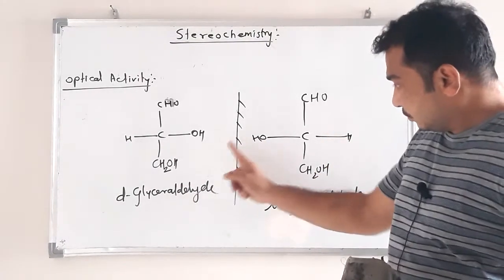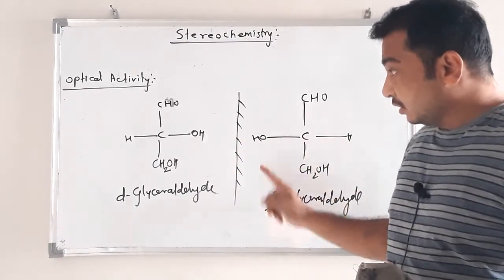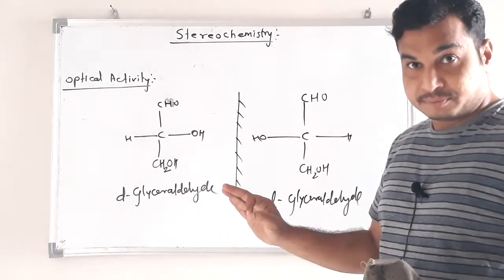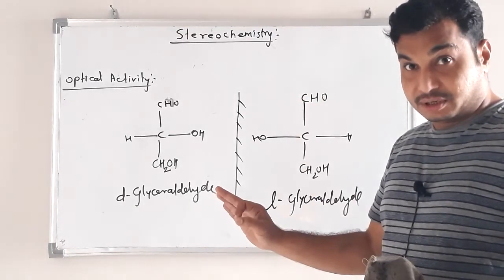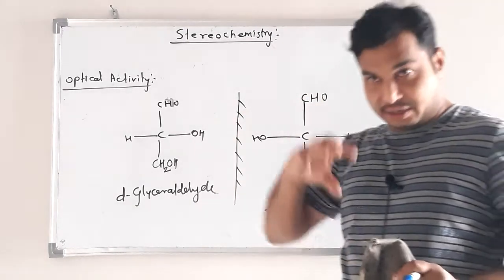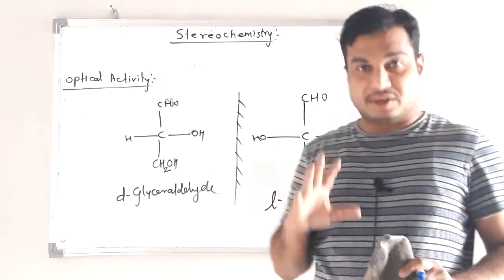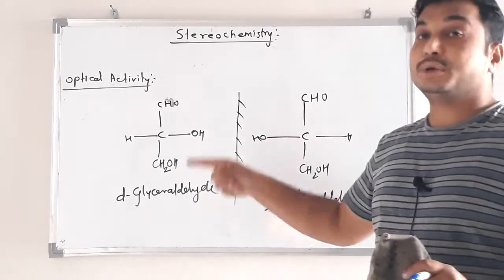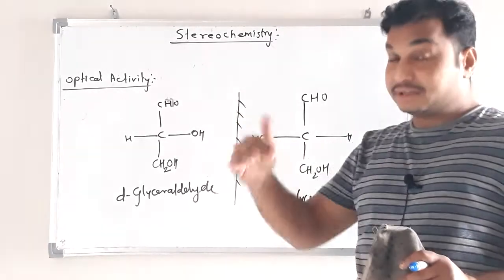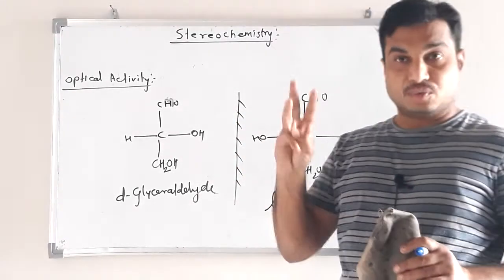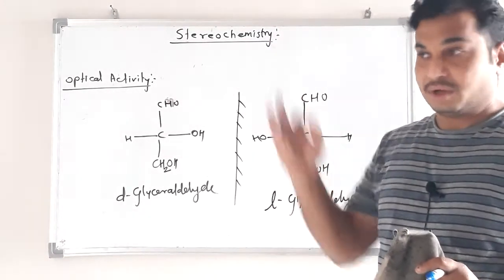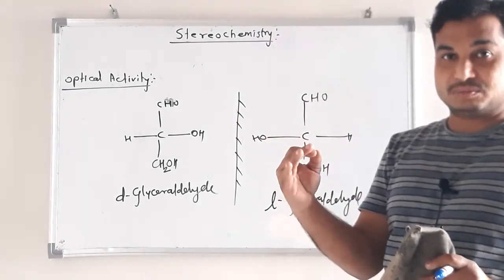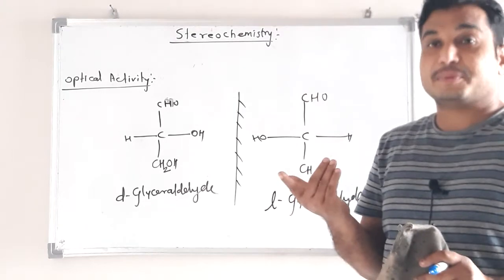These two compounds have the same molecular formula, same structure, but the orientation or arrangement of groups is different. That's why they are called stereoisomers. Among stereoisomers we have three types: optical isomers, geometrical isomers, and conformational isomers.